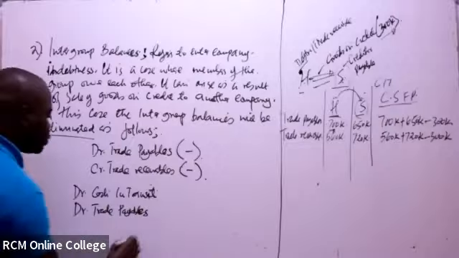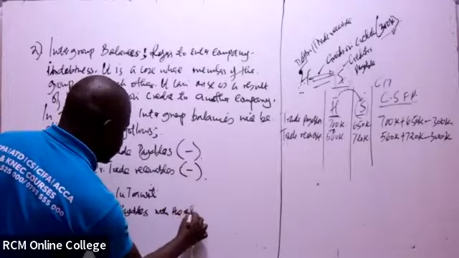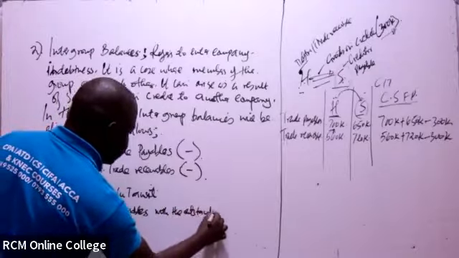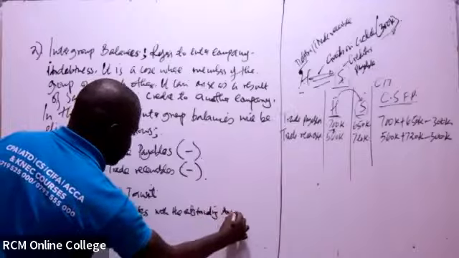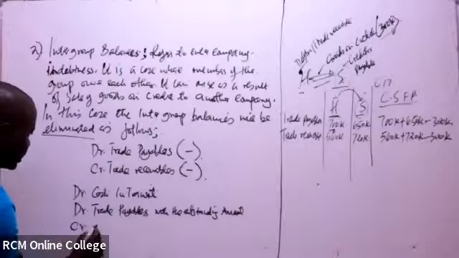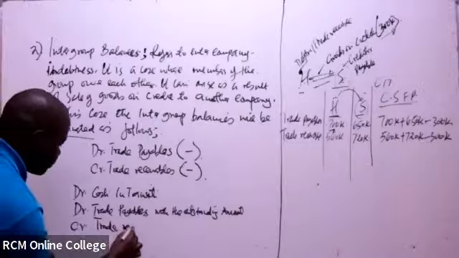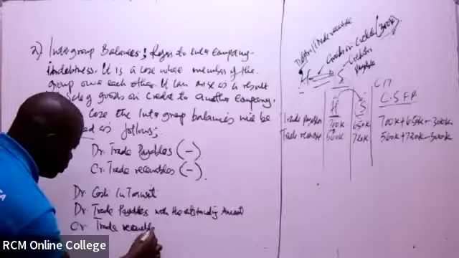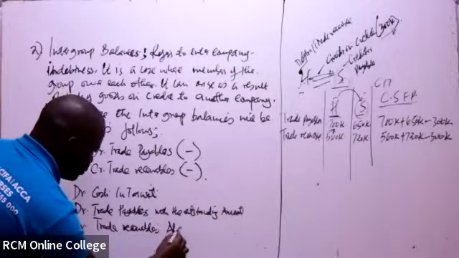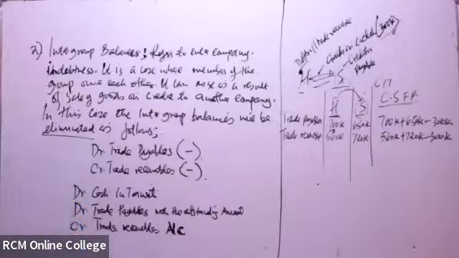Debit the trade payables with the outstanding amount. Then you credit the trade receivables account.